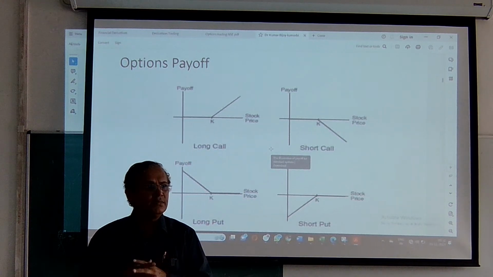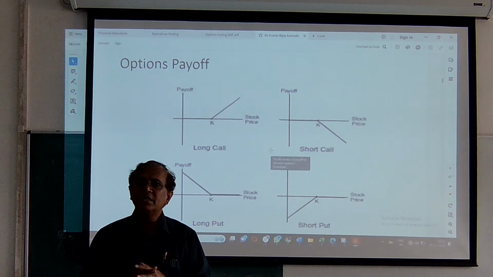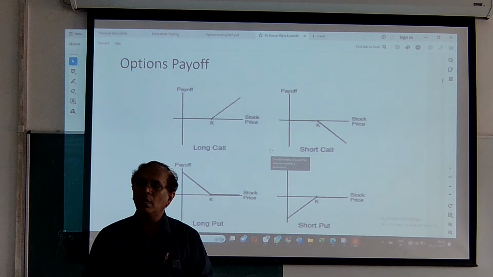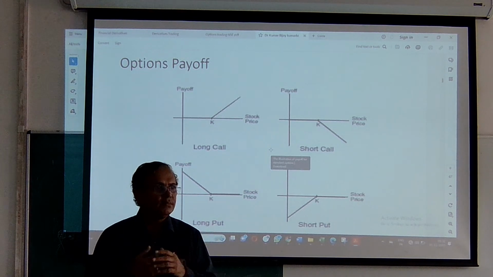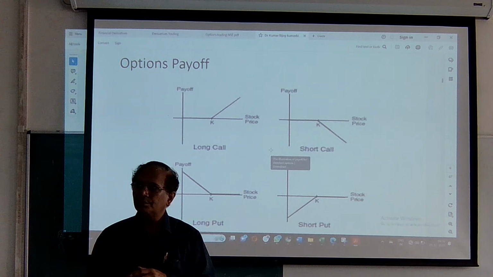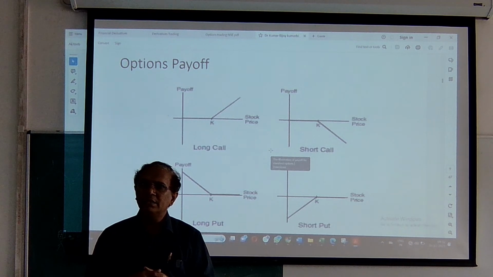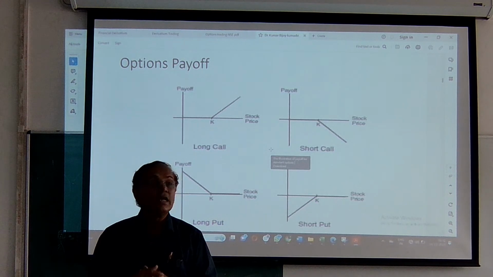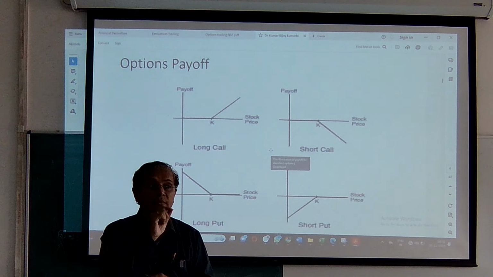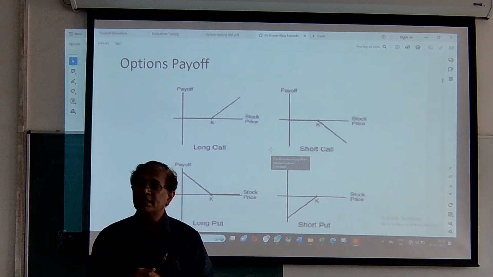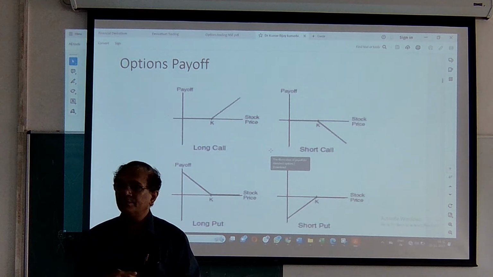Say at 83 rupees 56 paisa, dollar is available 2 months hence, and that is what 2 months hence in the options market at 83 rupees 56 paisa is available. That is called a strike price.